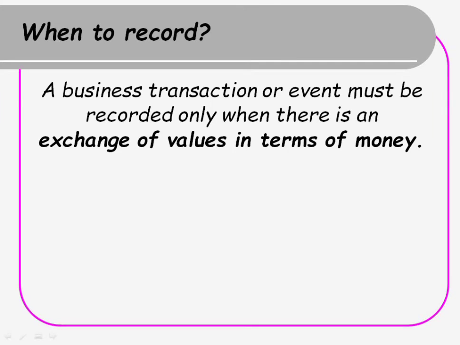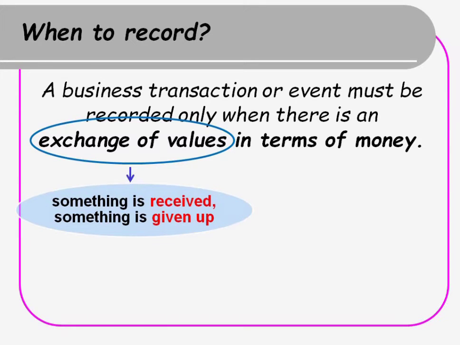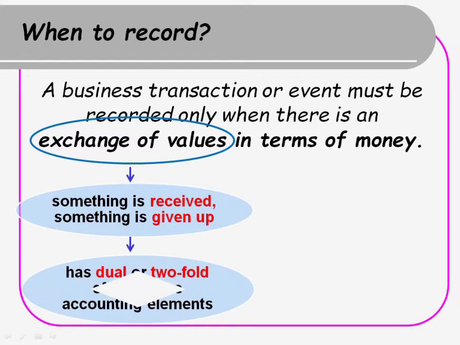A business transaction or event must be recorded only when there is an exchange of values in terms of money. In other words, something is received, something is given up. A transaction to be recordable must have dual or twofold effect on the accounting elements. More on these accounting elements in another lecture.